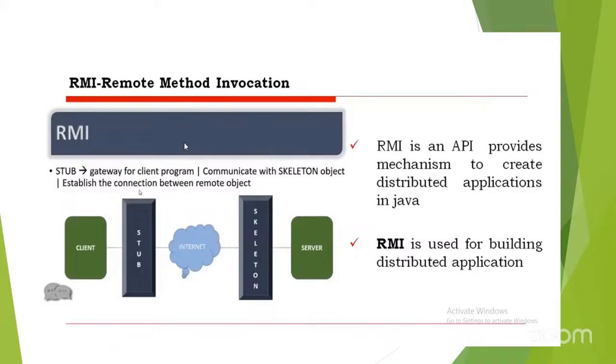RMI is an API, an application programming interface, which provides a mechanism to create distributed applications in Java. RMI is used for building distributed applications. Distributed applications means we need to share information from one user to another user. This communication can be established between one system and another by using RMI.